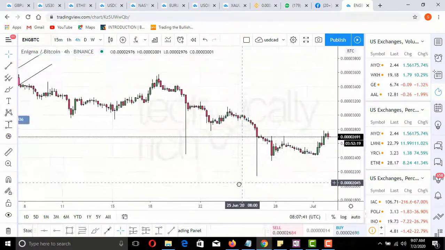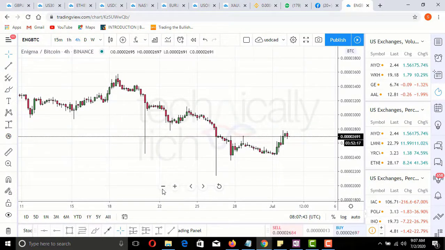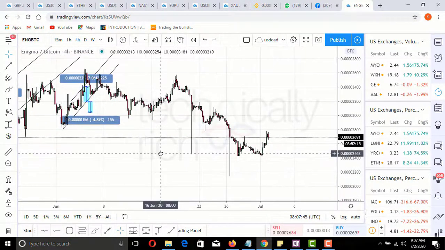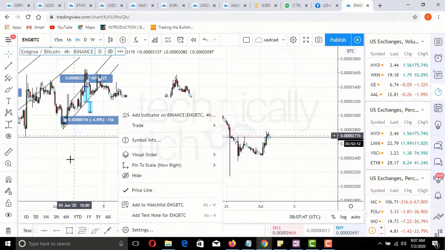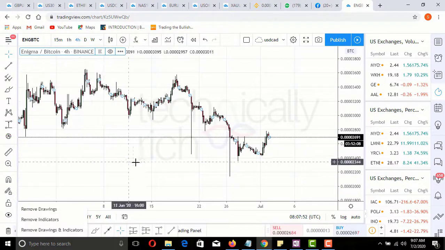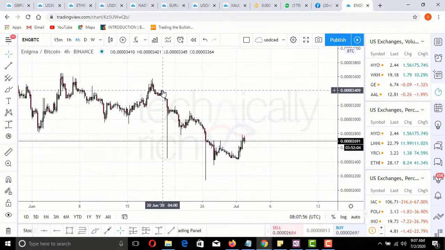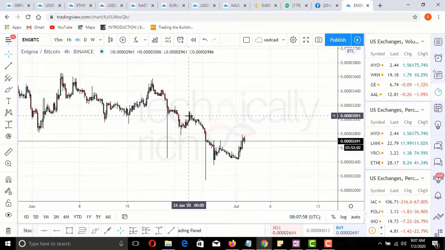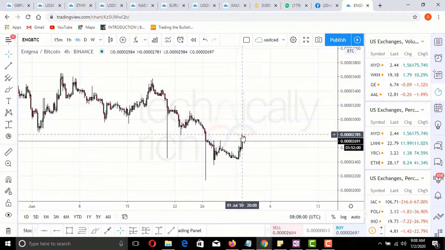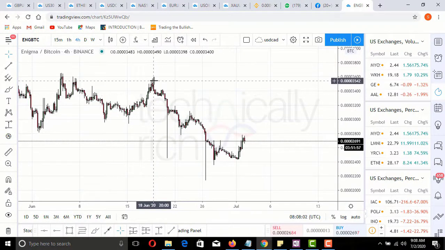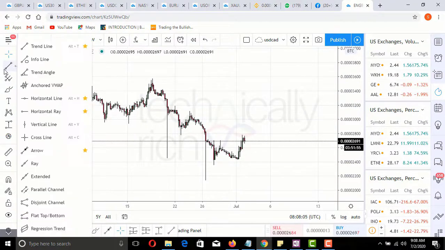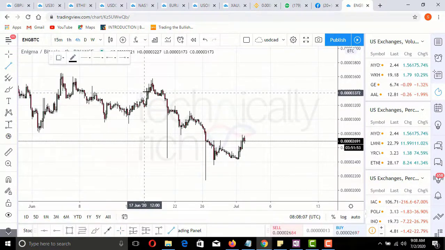Okay, so this is a downtrend. All right, so we're seeing lower highs, right? So let me try to connect. I'm going to be using the trendline tool.